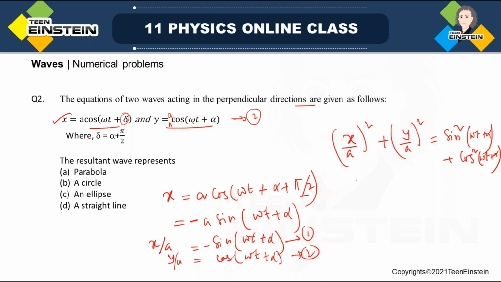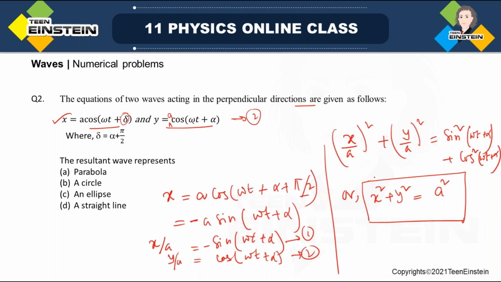So this will give you 1, and on this side you will get x square plus y square is equal to a square. So this is our familiar and very simple equation of circle.